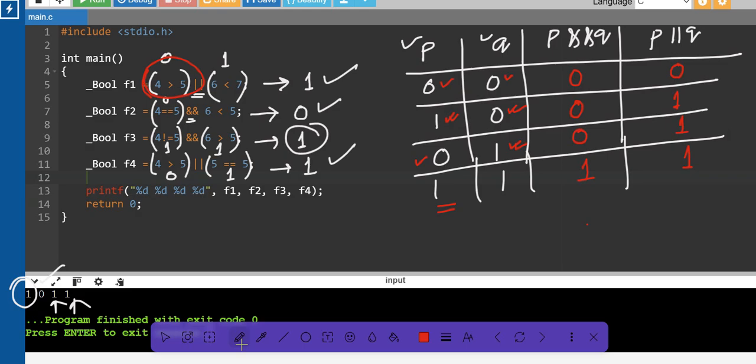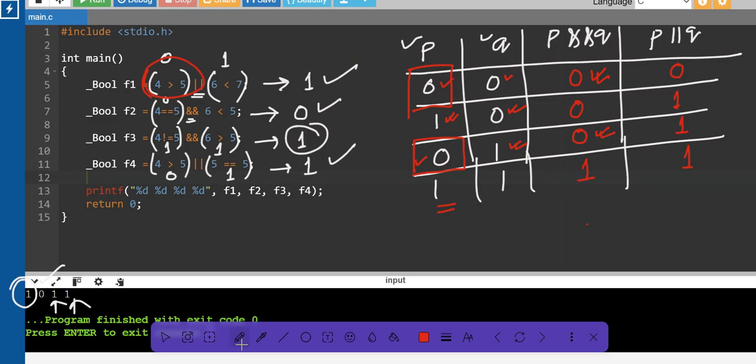Once the first operand of the logical AND operator is false, the outcome is also false. No need to wait for the second operand.